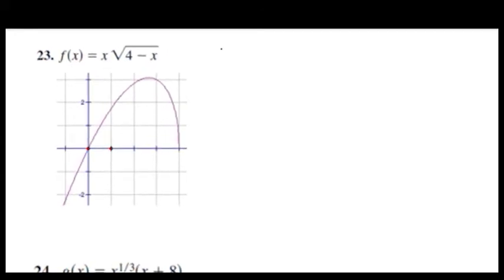So f prime of x is equal to, product rule, right? The first one is u, so 1 times (4 minus x) to the 1/2 power, plus x, and then 1/2 (4 minus x) to the negative 1/2 power.